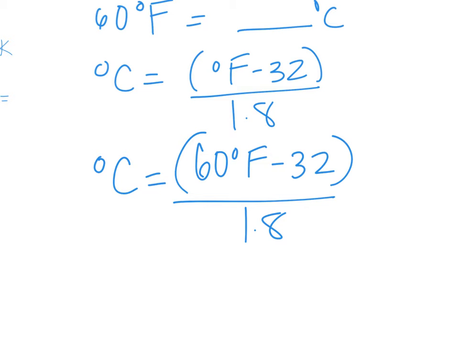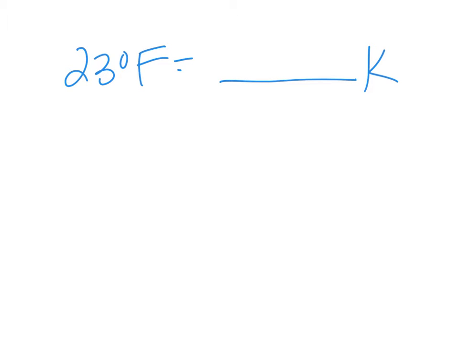Now the only ones that you may have to do as a 2-step problem is if I wanted to go from Kelvin to Fahrenheit or from Fahrenheit to Kelvin. Say I told you you had 23 degrees Fahrenheit and I wanted to know how many Kelvin you had. On this one, if you look at your temperature conversion sheet, we don't have anything that will convert between Fahrenheit and Kelvin.